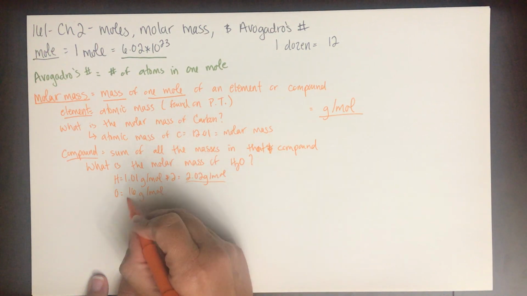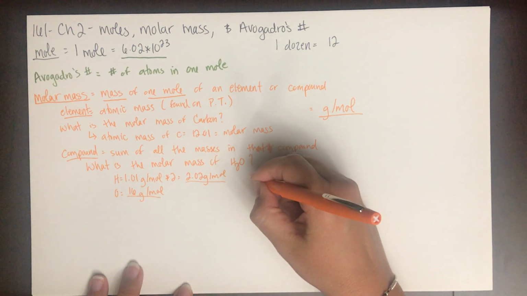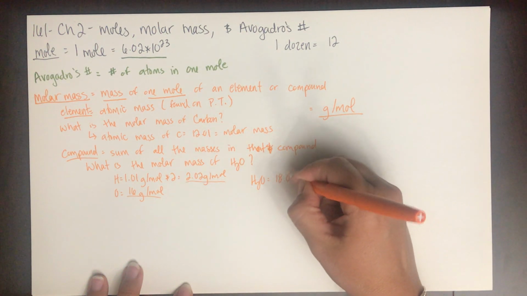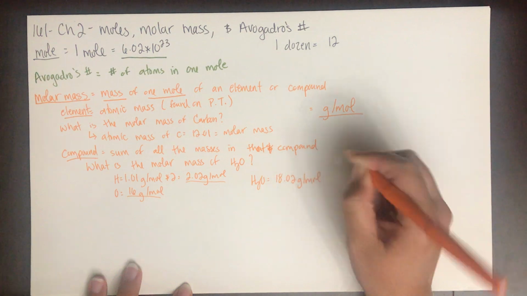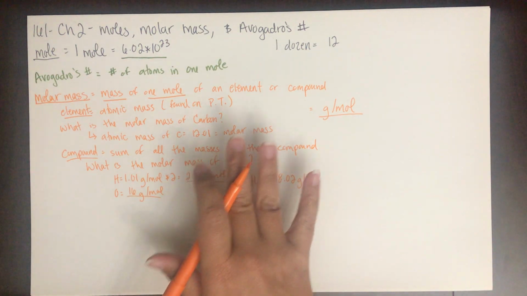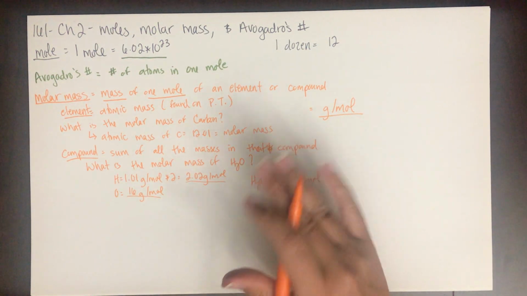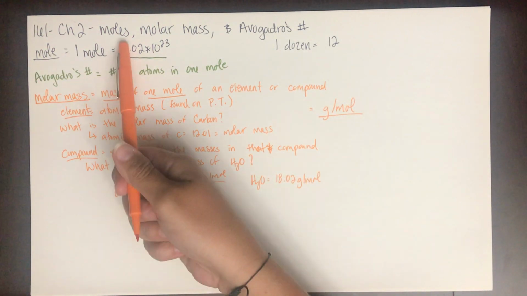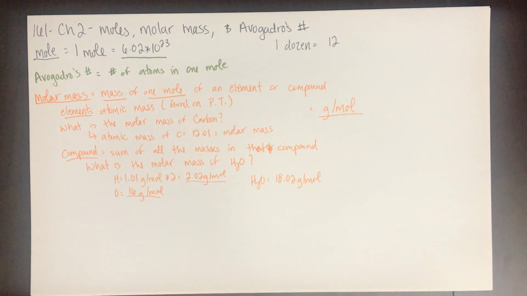So 2.02 plus 16 means the molar mass of water is about 18.02 grams per mole. We use molar mass whenever we're doing any calculations in chemical equations because we need this value to navigate calculations in chemical equations. So moles, molar mass, and Avogadro's number are very important.